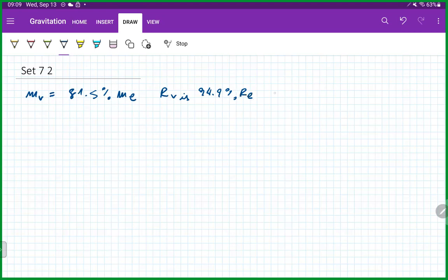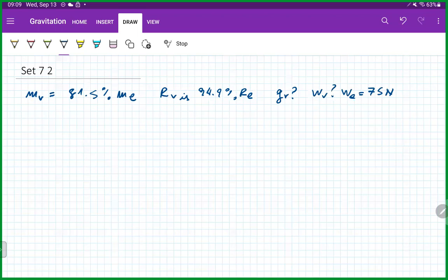We want to know the gravity of Venus and what this thing would weigh on the surface. So the weight in Venus, with the weight on Earth equal to 75 newtons. Right?